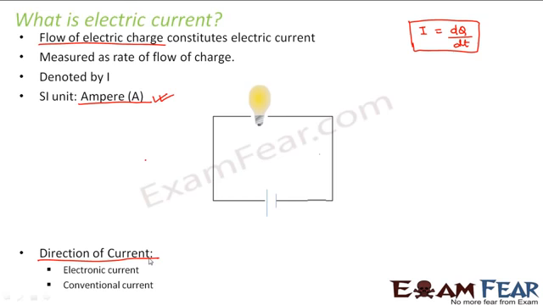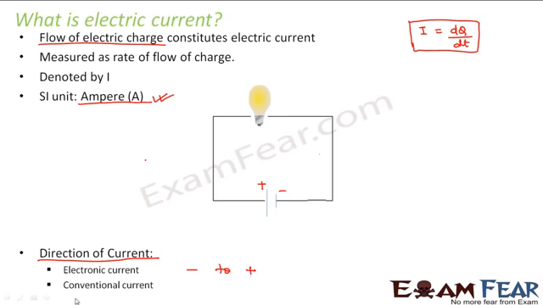Flow of electrons is what is called electric current. Now the direction of electronic current, that is the flow of electrons, will take place if this is the positive terminal of the battery and this is the negative terminal of the battery. The electrons will come out from the negative terminal. So the direction of electronic current is from negative to positive.